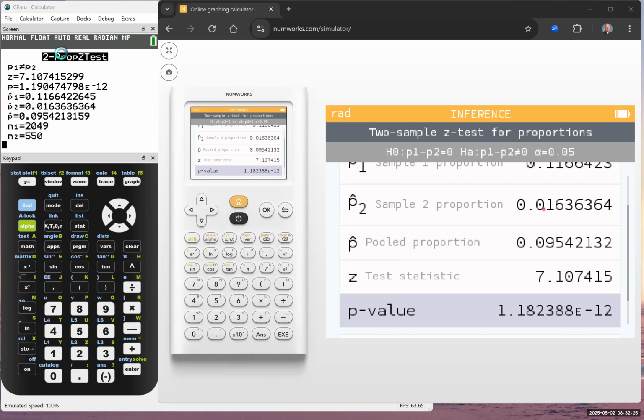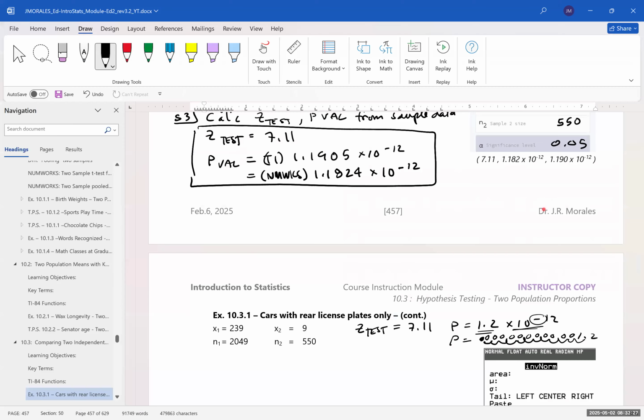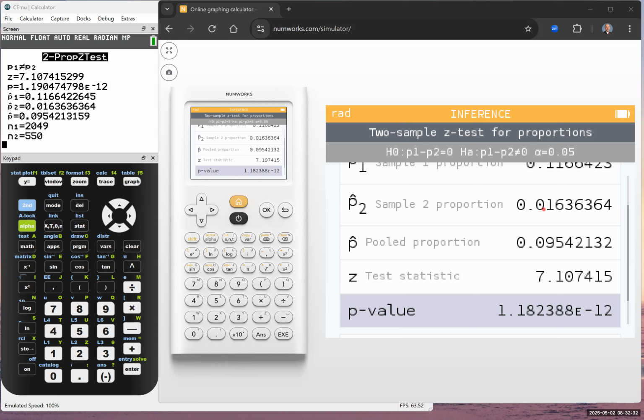Oh, there we go. So let me see if I can. Tablet's frozen again.